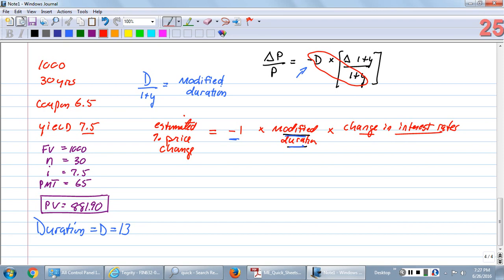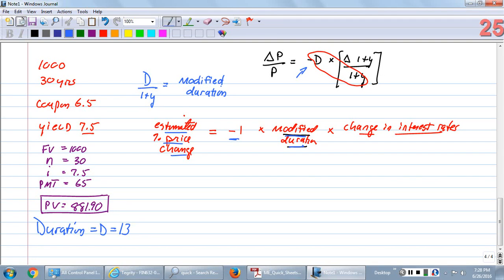All right. So what we're going to do here, I think it's going to be a pretty good little exercise. Let's just do it here. Let's go ahead and use this formula. I want to estimate what the price change is going to be for this bond if we assume that interest rates go from 7.5 to 7 and from 7.5 to 8.